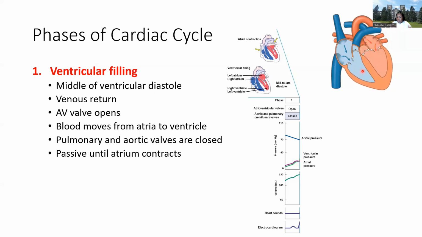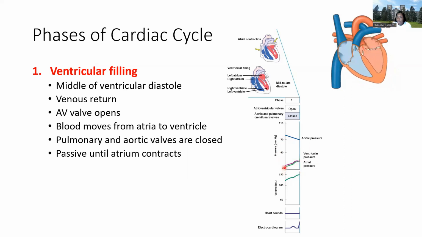So the blood will just spill passively at the initial part of this phase, but then towards the end of this phase, the atria is going to contract just a little in an attempt to get that last bit of blood out as the AV valves will then close. So this begins as a passive process, but then towards the end, the atria will contract in order to squeeze that last bit out.